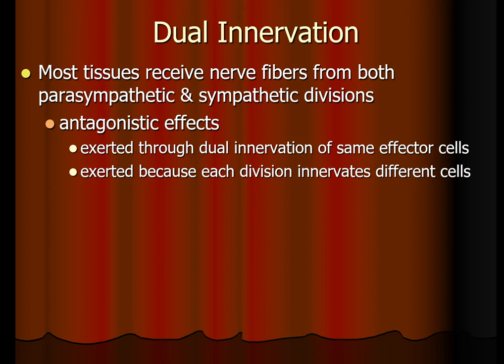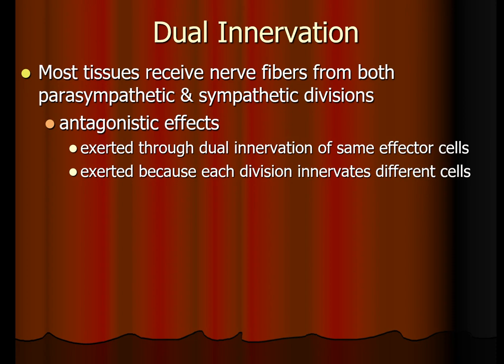Okay, so maybe the heart, they're both synapsing on cardiac muscle. One of them is going to cause it to beat faster. The other is going to cause the cardiac muscle to beat slower. That's an antagonistic effect. They're innervating the same structure, the same cardiac myocyte.